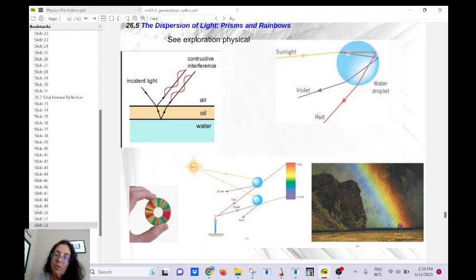You have all the colors of the rainbow, but each droplet in the sky does the same thing. So you have all the red coming out of the raindrop at the same angle, so they will build up on each other. So you have a lot of red in this direction, and in that direction, you have a lot of blue.